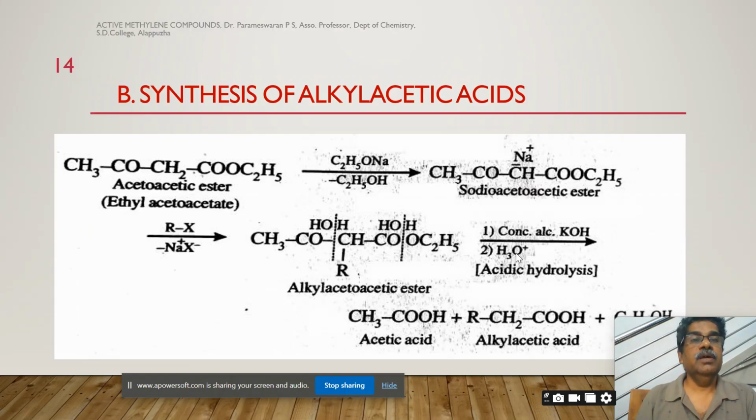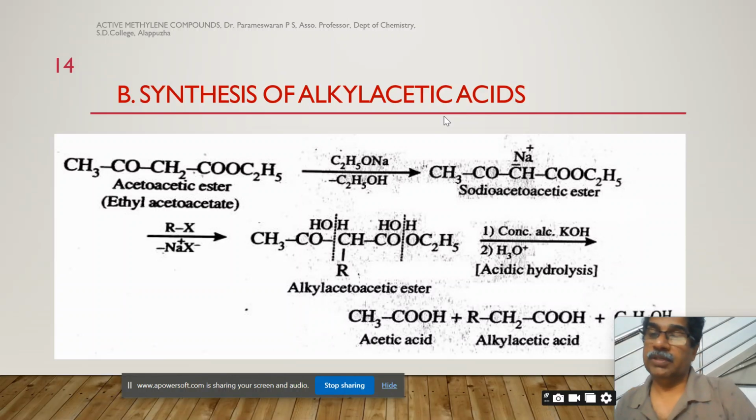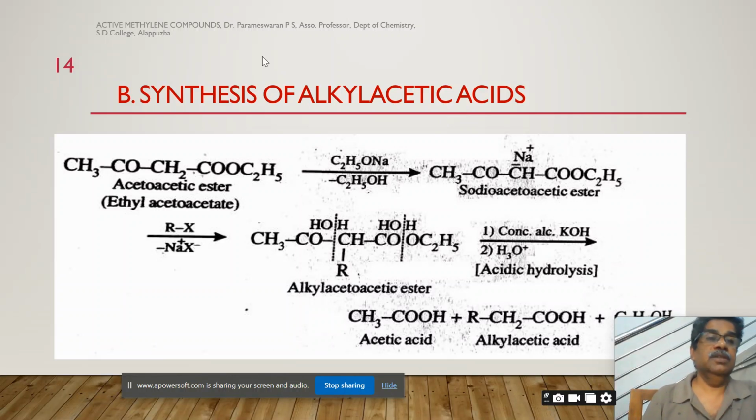And see the next one, synthesis of alkyl acetic acid. Is it possible? Yes, it is possible when one of the active hydrogens is replaced by R, it becomes alkyl acetoacetic ester. So when it is hydrolyzed, one of the products is alkyl acetic acid. CH3COCH2COOC2H5 is treated with sodium ethoxide followed by RX.